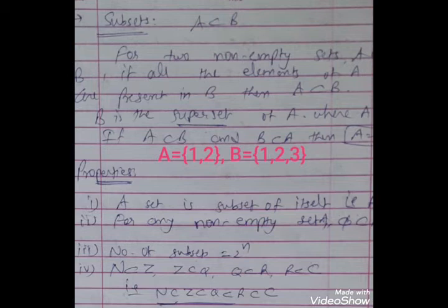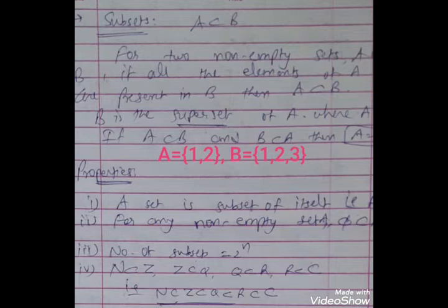So A subset B means all the elements of A are present in B, and B subset A means all the elements of B are also present in A. Suppose A is {1, 2}, then B also contains 1, 2, and B subset A is obvious. So the required condition is that A subset B and B subset A.